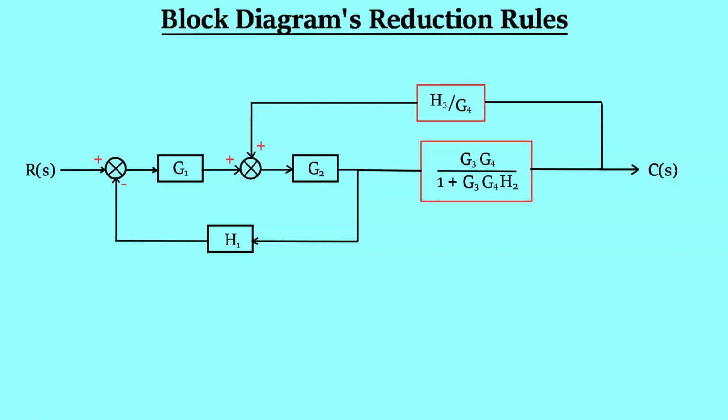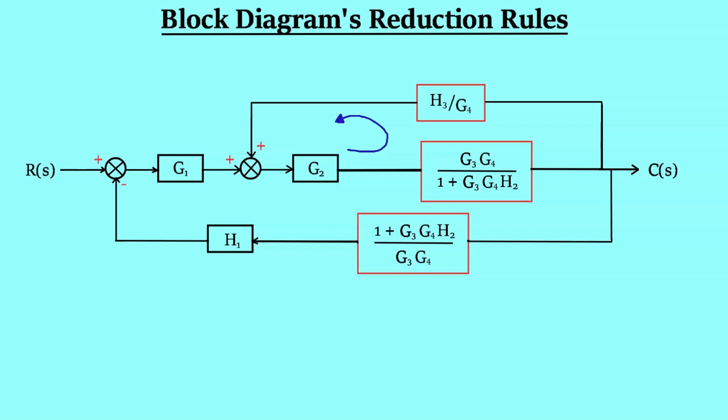Once again, I will be shifting the takeoff point which is just after G2 to just before output signal C, and for that we have to introduce another block for maintaining the same input signal being fed to the block H1. Now there is a positive feedback loop consisting of two systems, G2 and G3 into G4 divided by 1 plus G3 into G4 into H2, in cascade and feedback function H3 divided by G4.